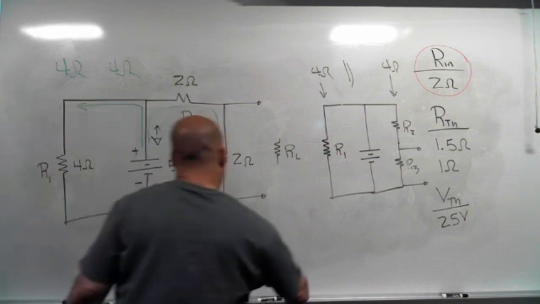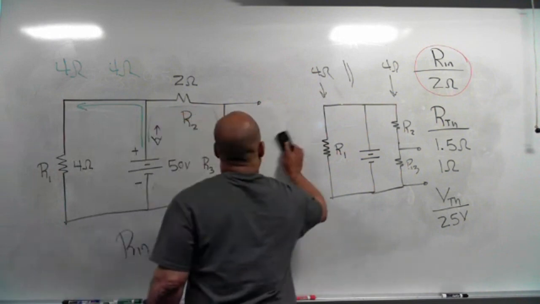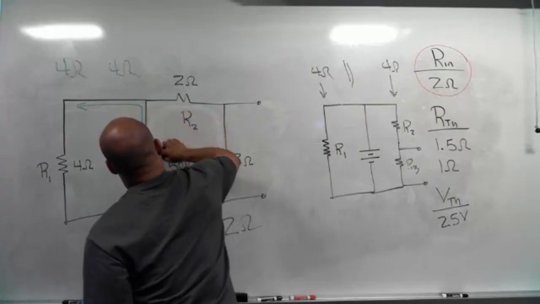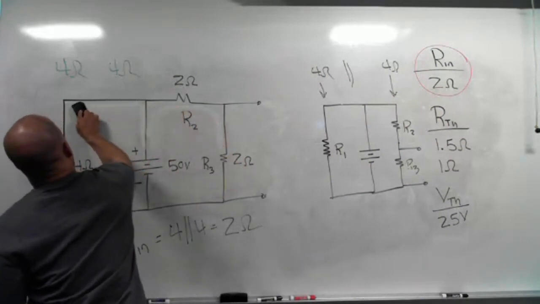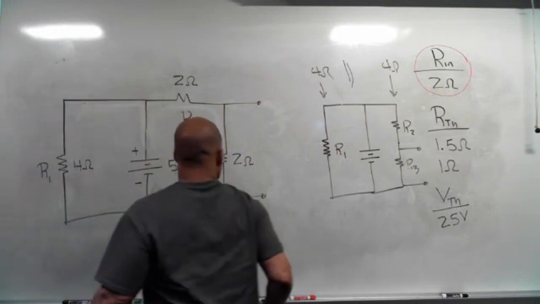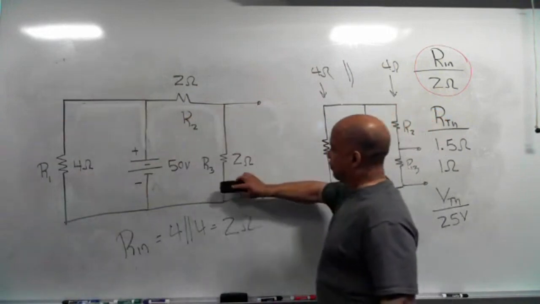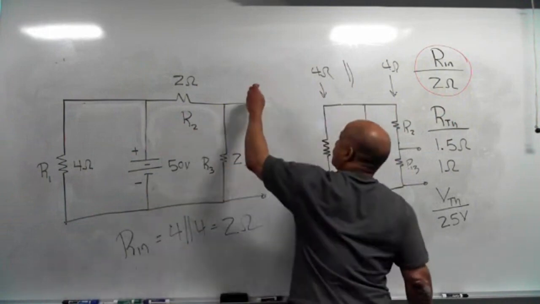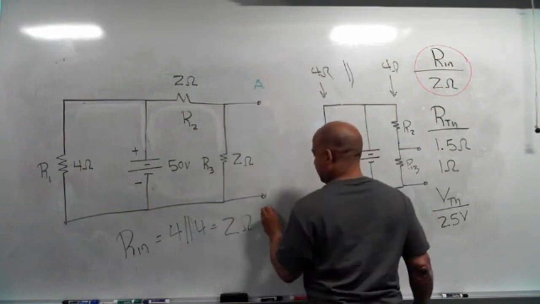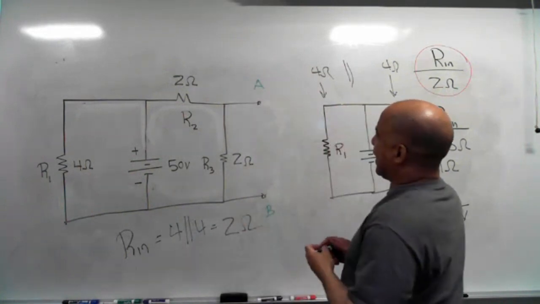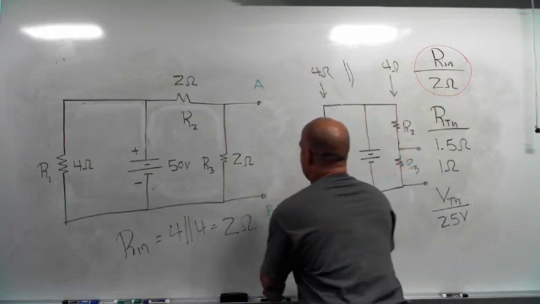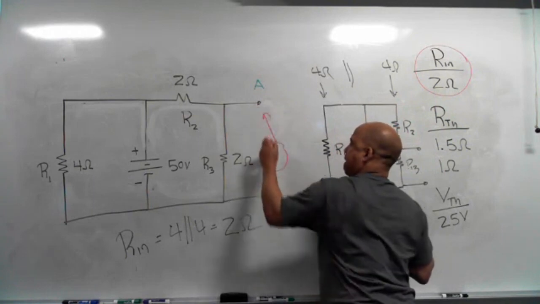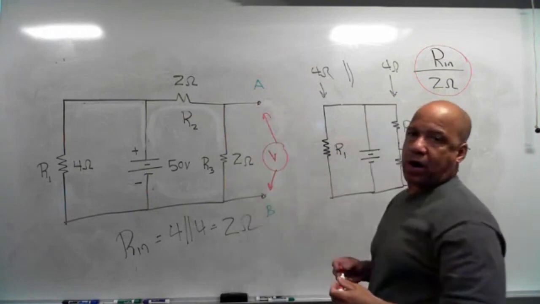Now, to Thevenize it, we remove the load, we mark the terminals, and then I gotta ask myself, all right, if I put my voltmeter between the terminals, which resistor am I across?